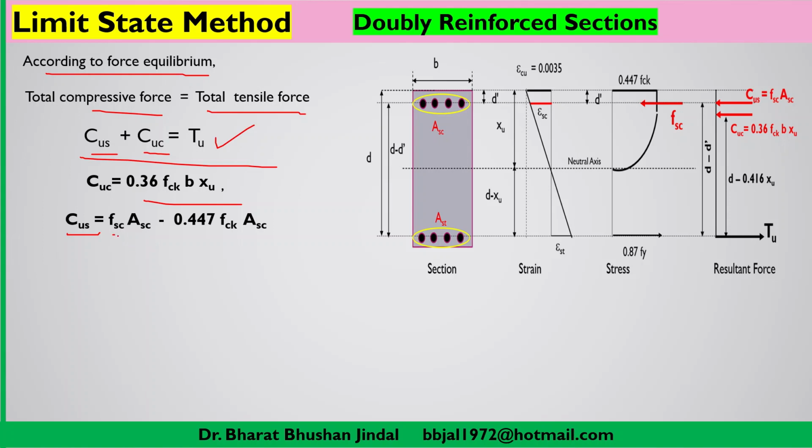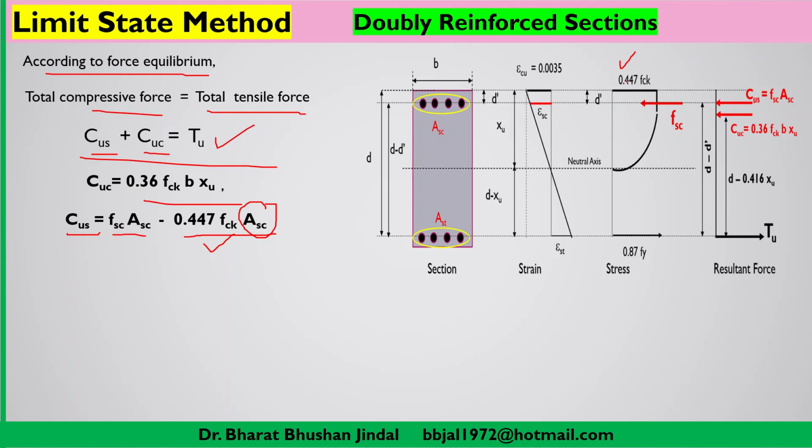Now this is FSC into ASC. This is the compressive force taken by the compression steel. Now minus this much. What is this? This ASC here is the area of the compression steel, but we are taking compressive stress here. That means this factor 0.447 FCK, we are assuming it as the compressive stress in the topmost compression fiber, and we are ignoring this small area.